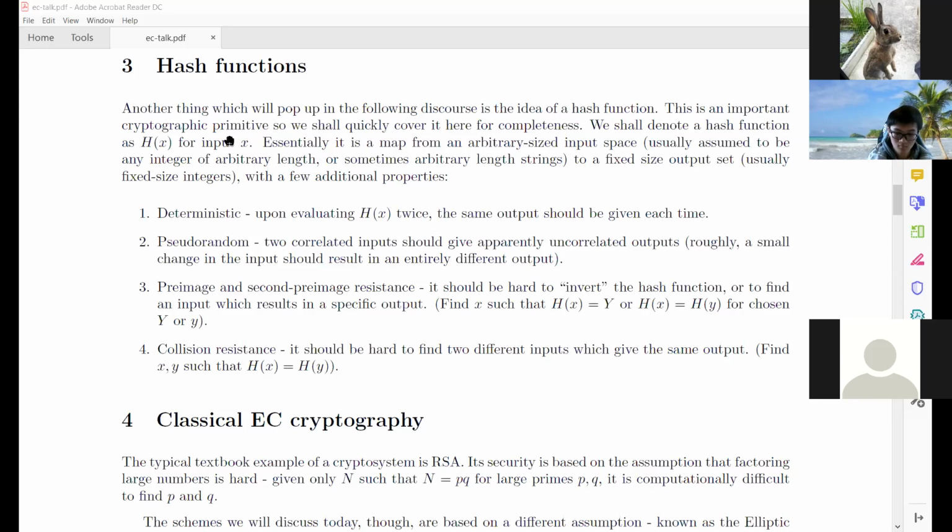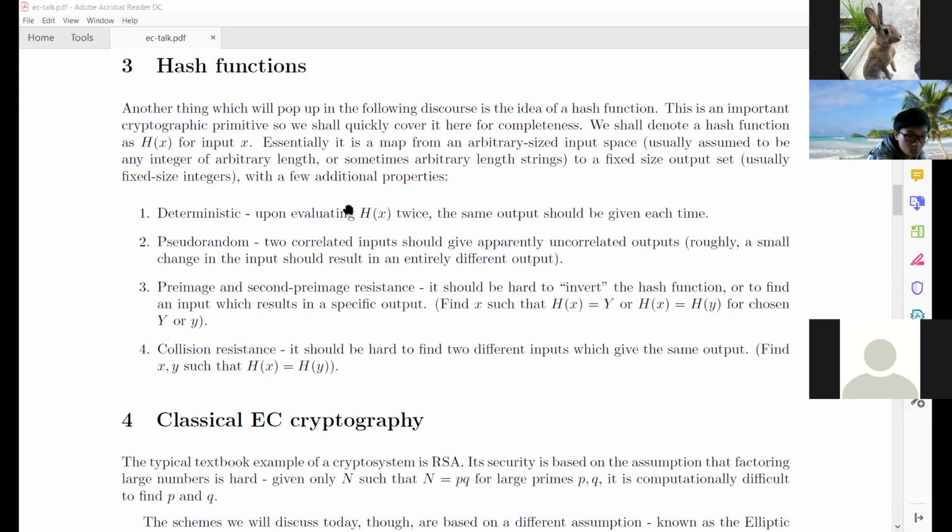It's basically just a function which takes an input of any size, like a number of arbitrary size, or maybe a string, like a sentence. It can be any length, but it always maps to a fixed length output. A common hash function is, for example, SHA-256, which always maps any size input to an output of fixed 256-bit size.